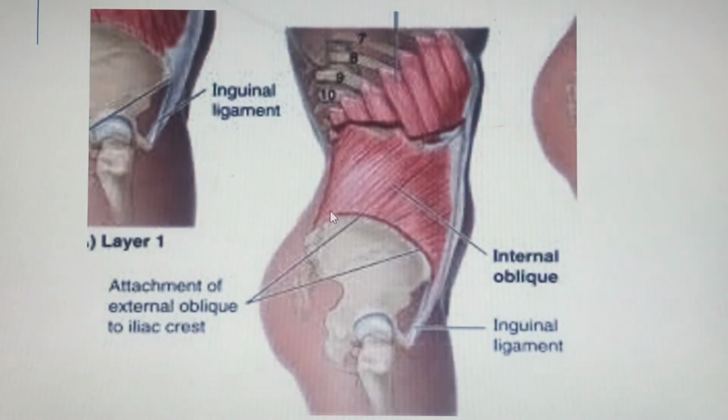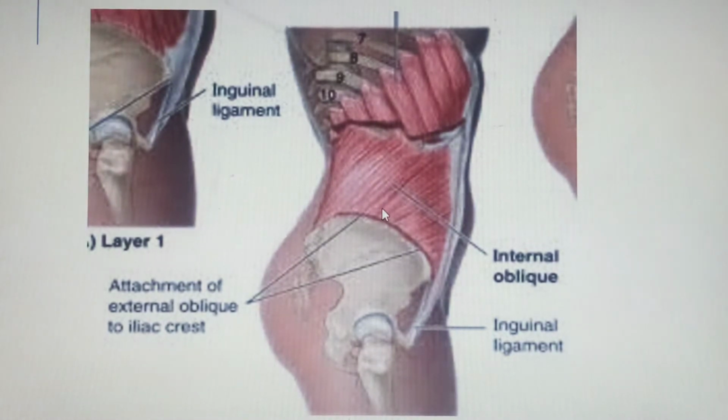taking origin from the intermediate zone of the iliac crest, is what we call the internal oblique muscle. Now look at the fibers of the internal oblique. As the external oblique muscle runs this way, the internal oblique muscle runs in the opposite direction, and therefore the fibers run perpendicular to each other.